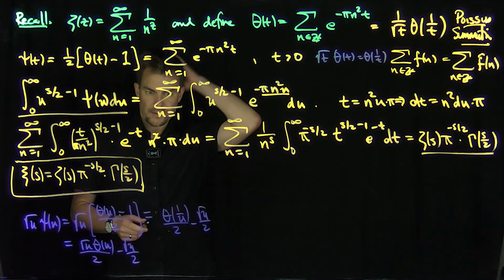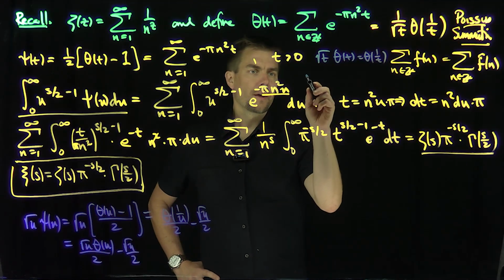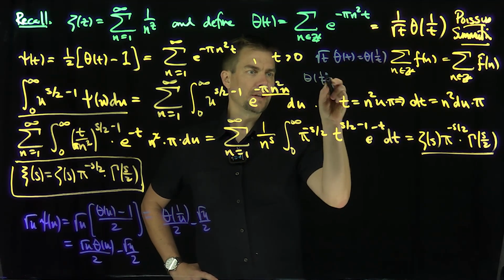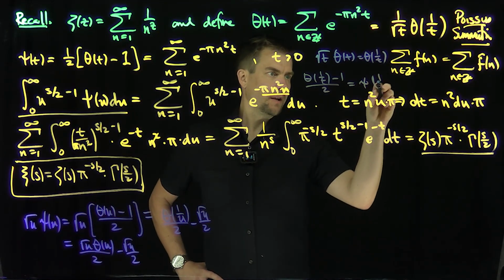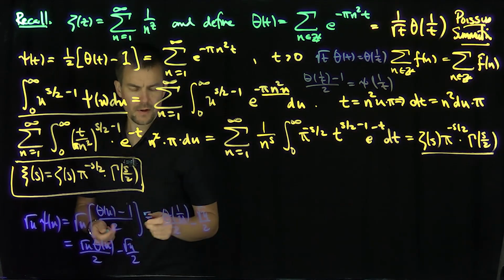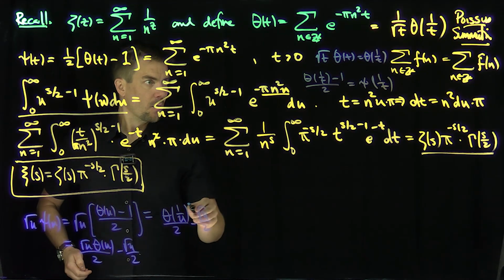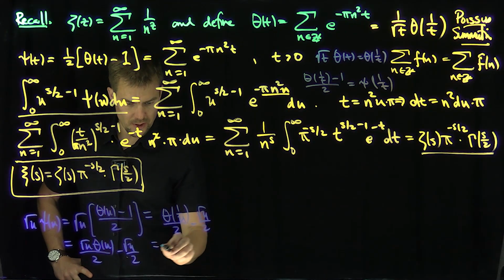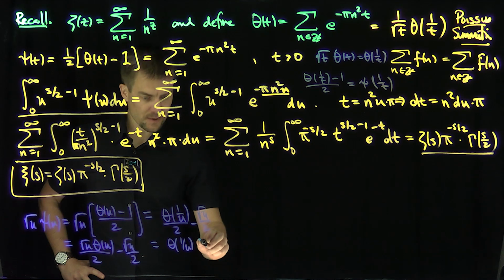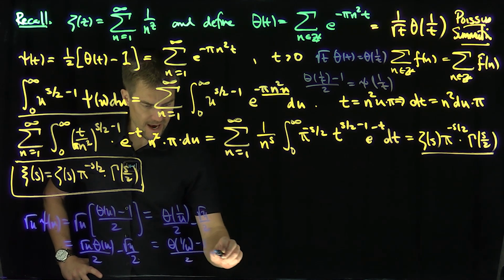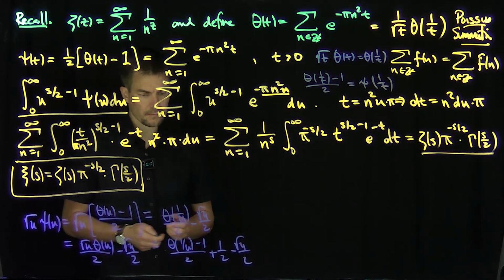Good. And so now, of course, I'd like to see a what? I know that theta of 1 over t minus 1 over 2 is going to be psi of 1 over t, like that. Great. And so I need to see a psi of 1 over t, so I'm going to add and subtract a 1 on the top here. So this is going to be equal to theta of 1 over u, and I'm going to say minus 1 over 2, and then I have to add in a 1/2 minus root u over 2, right?